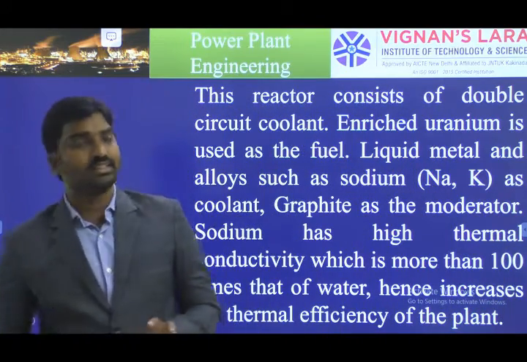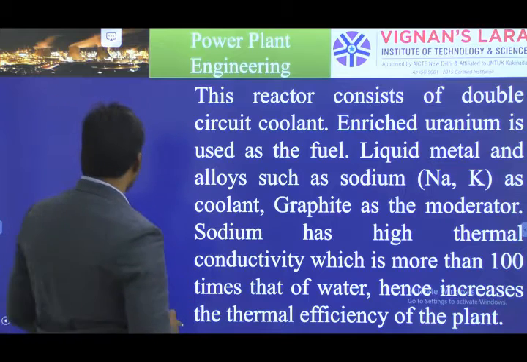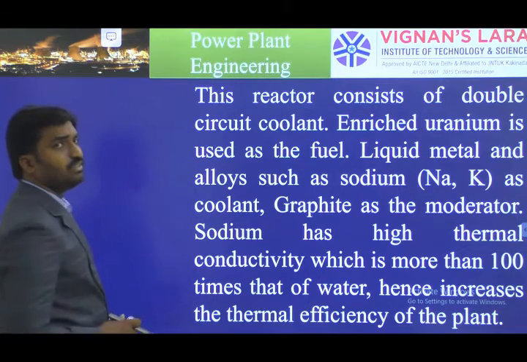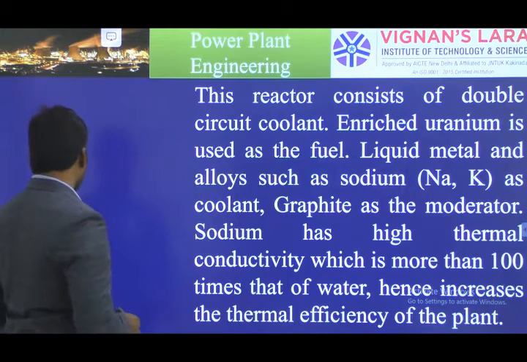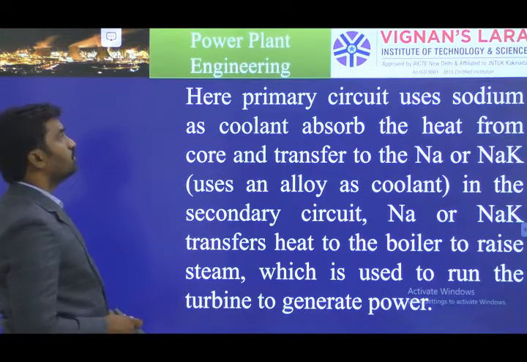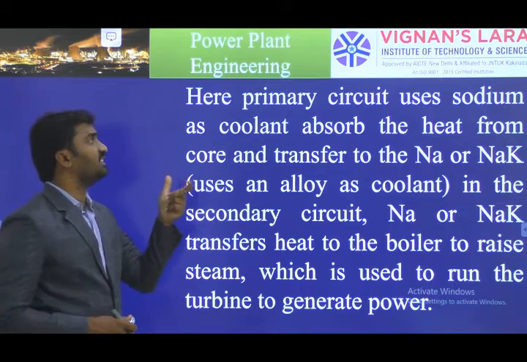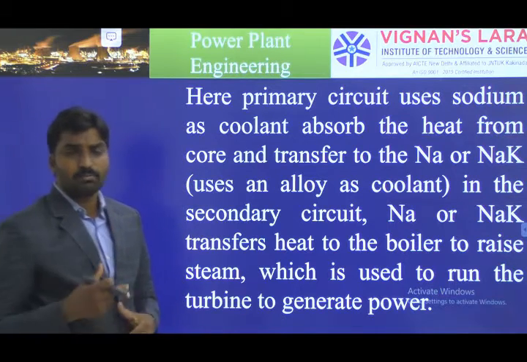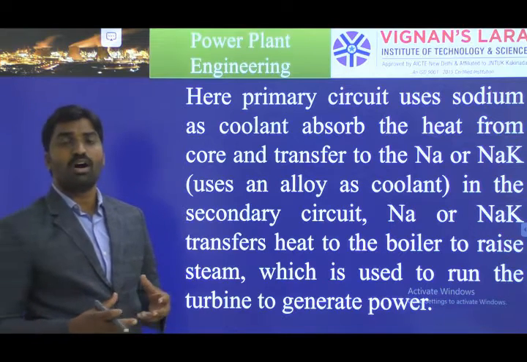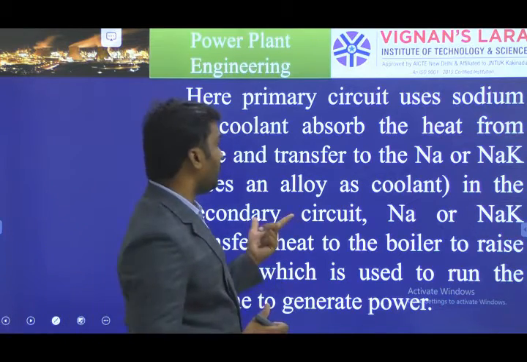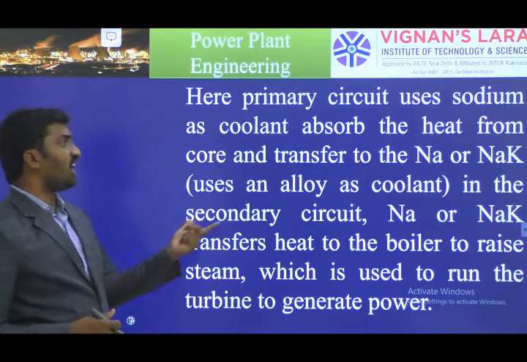So that is the thing in a fast breeder reactor. If you observe, it has a higher efficiency when compared to the PWR or the BWR. Here the primary circuit uses sodium as a coolant and absorbs the heat from the core and transfers it to the sodium or sodium potassium. NaK alloy is used as coolant.